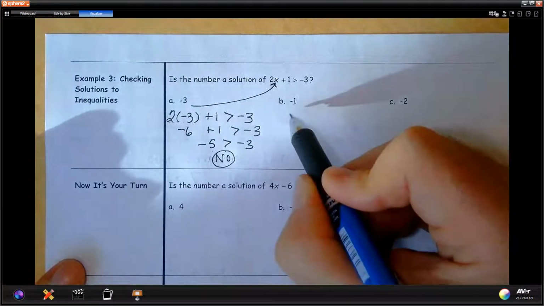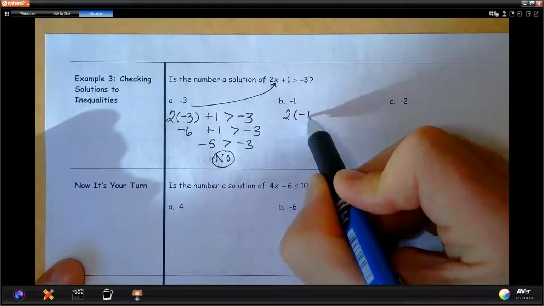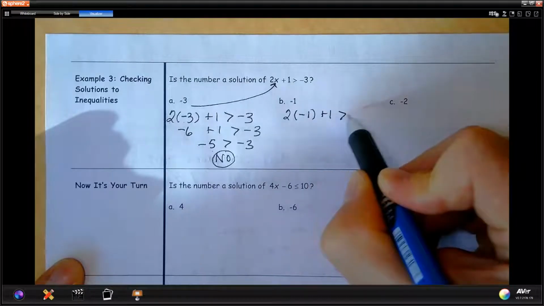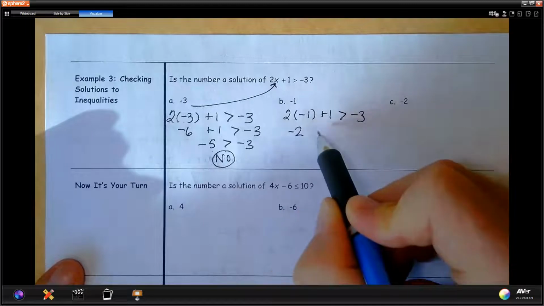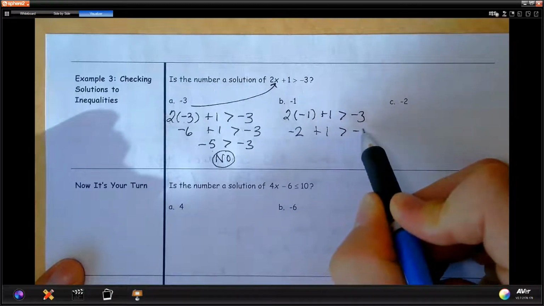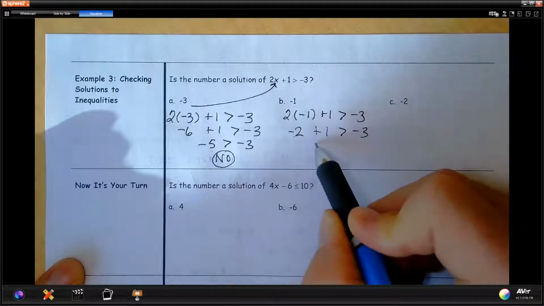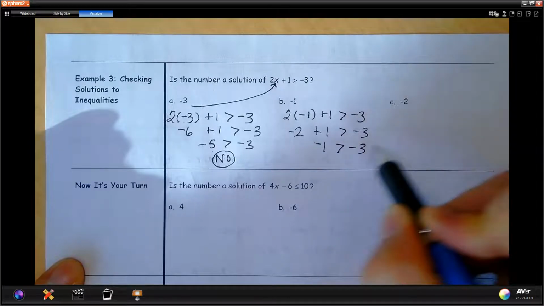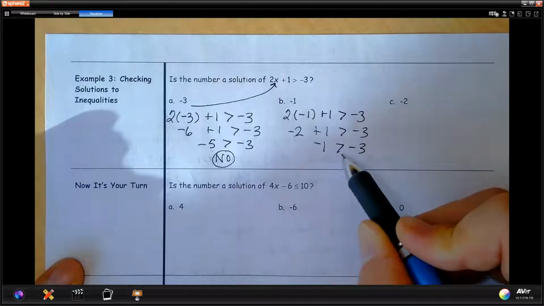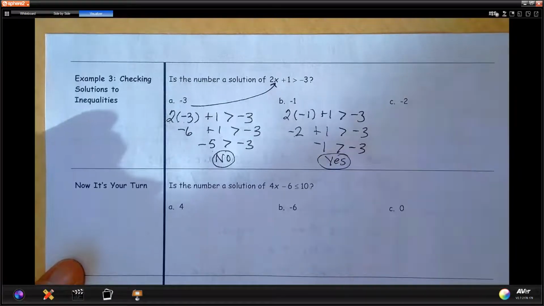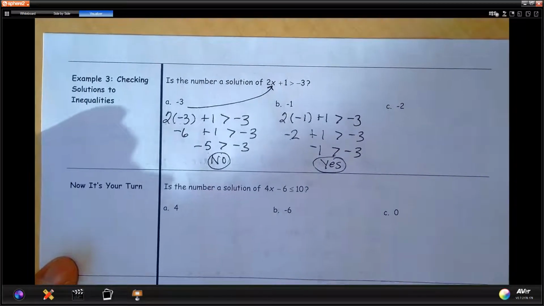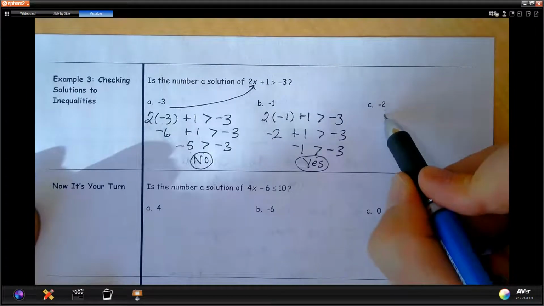Okay, I do the same thing with -1. I take the inequality, I replace the x with -1, and then do the math. 2 times -1 is -2, plus 1. -2 plus 1 is -1. Is -1 greater than -3? Yes. Okay, last one.